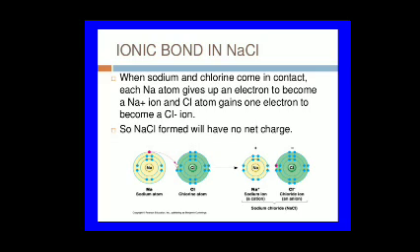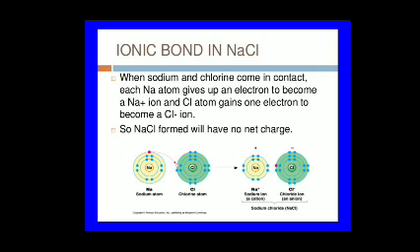Chlorine. Here we see the chlorine electronic configuration 1s2, the first shell has only 2 electrons, 2s2, 2p6, the second shell has 8 electrons, and the third shell 3s2, 3p5 has only 7 electrons. One electron is gained from the sodium atom to get the stable electronic configuration of argon.